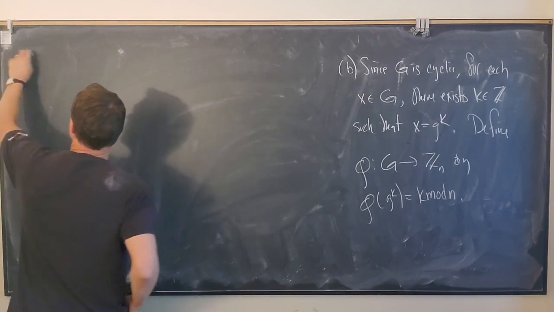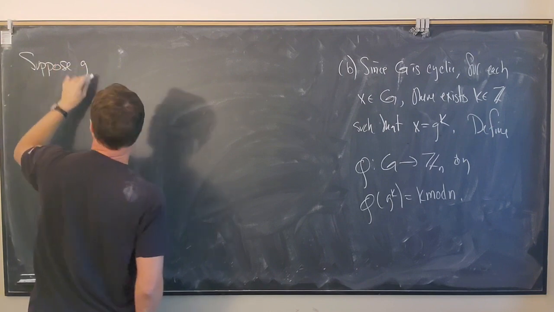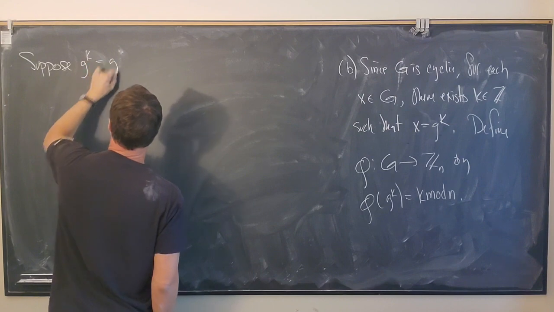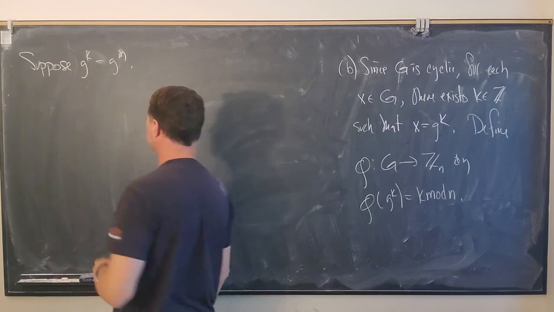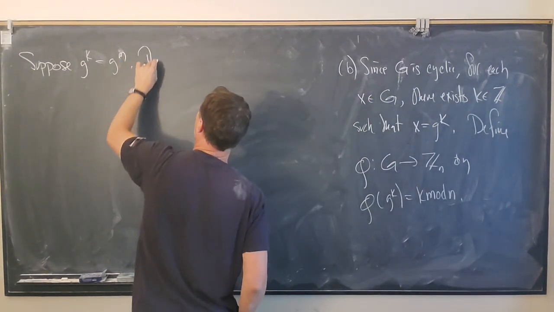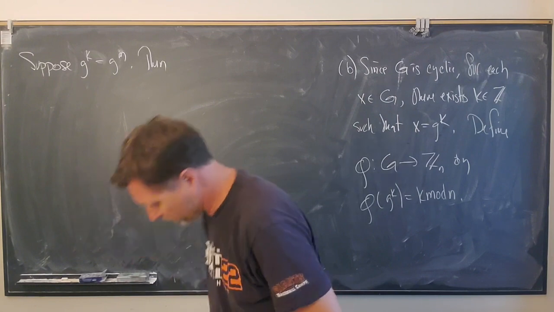So we will now say, suppose that g to the k is equal to g to the m. Now, what does that mean? By our previous lemma, is that 6.5? Yeah, 6.5.